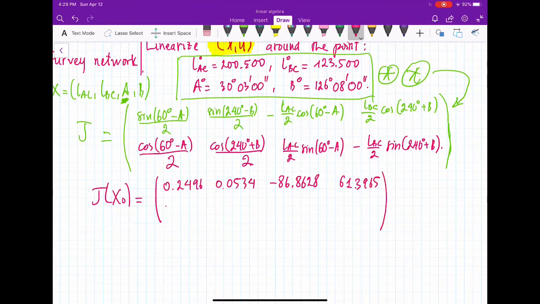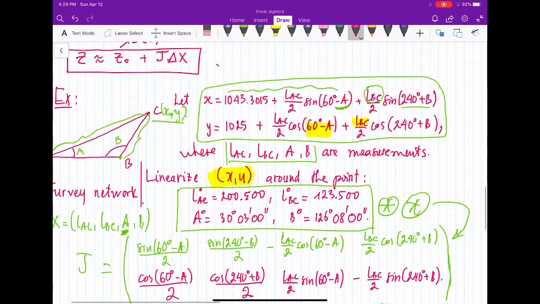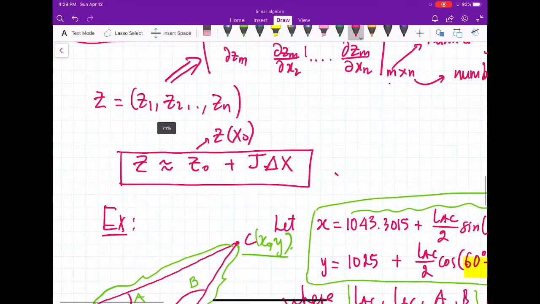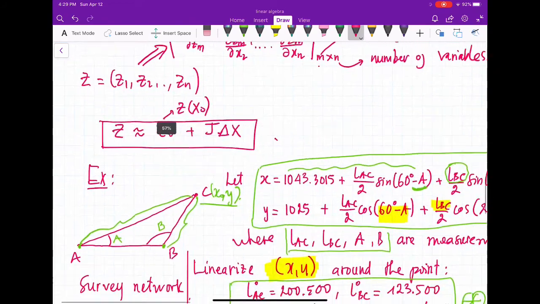And the second row you have 0.4332, 0.4971, and 50.492, and negative 6.5975. All right, once you have the Jacobian, you can apply the equation right here to find the linear function.